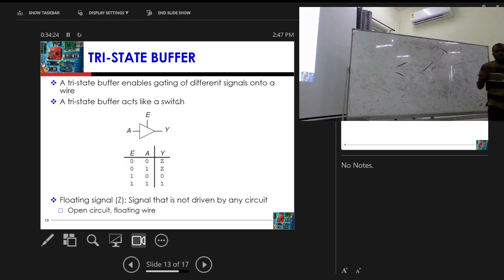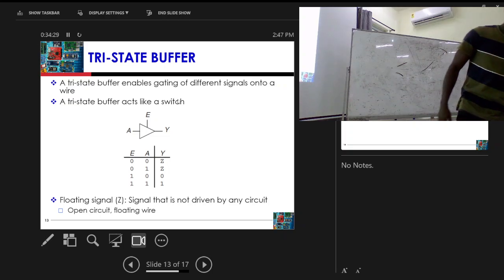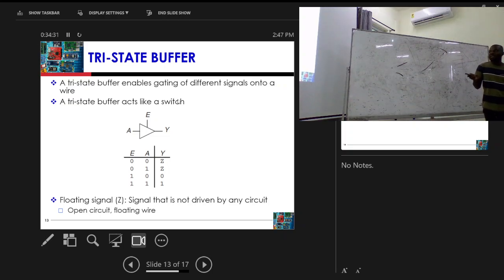In the tri-state buffer, it's a buffer with an enable signal. So when E is 0, you don't want the output to be a 1 or a 0. You want the output to float, not 1, not 0.